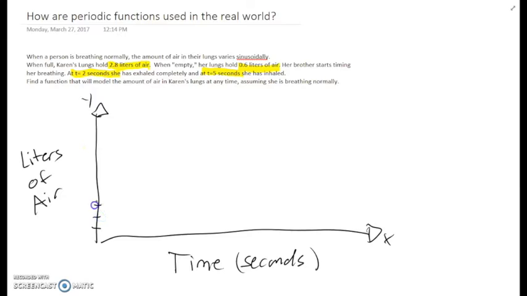Thank you for labeling it. We're going to be scaling it by 0.5 liters, and on the bottom we're going to be scaling it by 1 second.